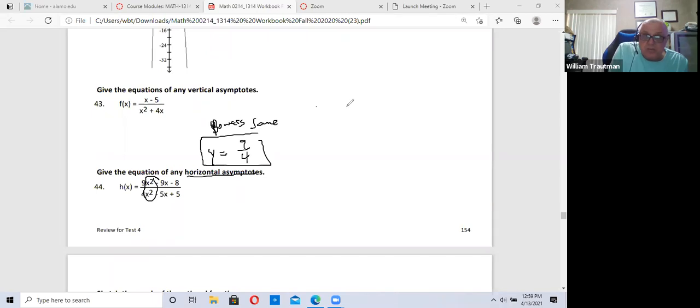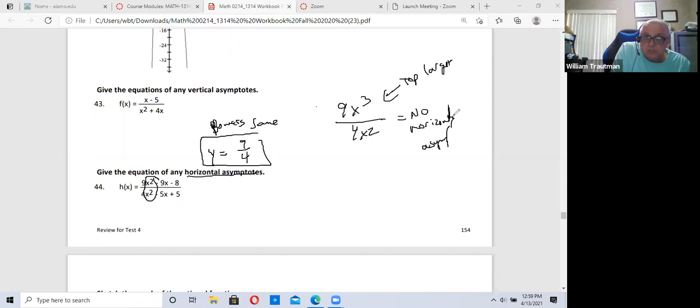Now, don't forget, there's 2 more scenarios. If the top power is larger, there are no horizontal asymptotes. Remember, you have a slant or oblique asymptote, and we're not even talking about that.